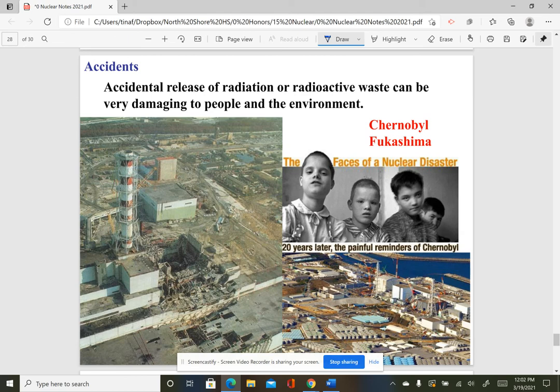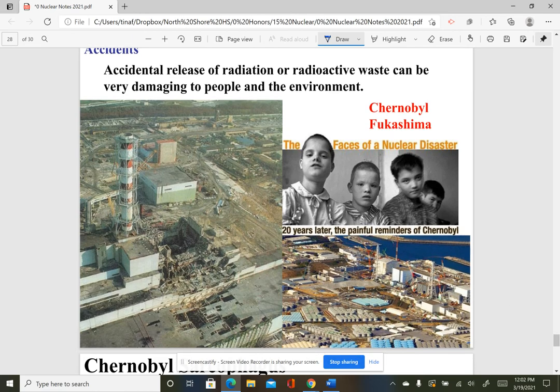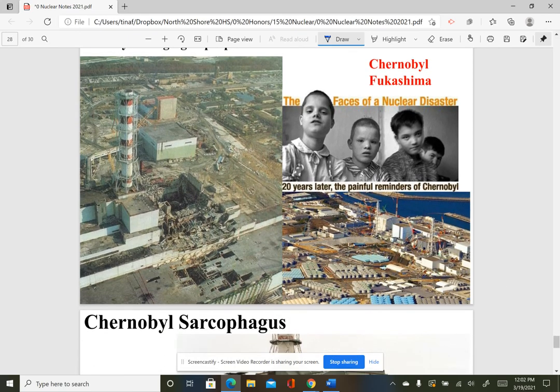And it kills these areas and it makes these areas radioactive. And the people that live in those areas and the environment, the wildlife, for years, cancers and mutations are showing up. Okay, so we'll definitely talk more about accidents in class, and I have a video if we have time that I could show you too if you're interested in this.